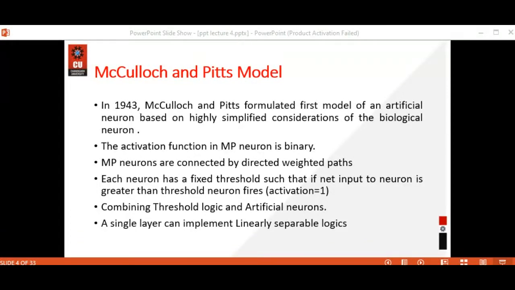Is it fine till this point? Yes, beta, is it fine till this point? Did you understand what is threshold logic? Okay, I got the answer from Twinkle. Ajit, I have not pointed out to you, but you were also there in the list. Thank you, all of you. Okay, so just let me go a bit further.